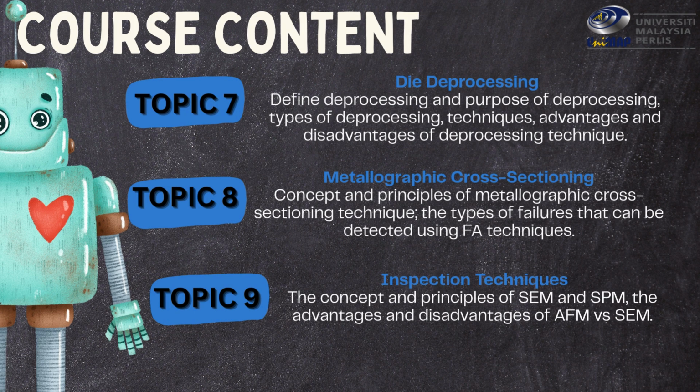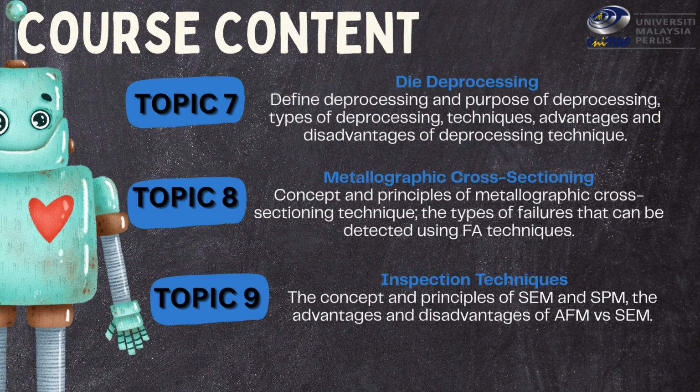Then we proceed with die reprocessing. We need to define reprocessing and its purpose, the types of reprocessing techniques, and their advantages and disadvantages. Then we proceed to metallographic cross-sectioning, where you will learn the concept and principle of the technique and the types of failure that can be detected using it.